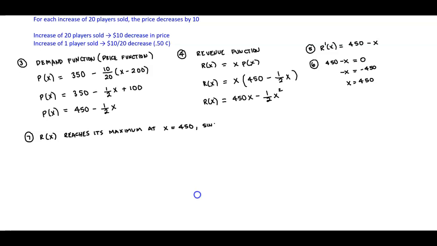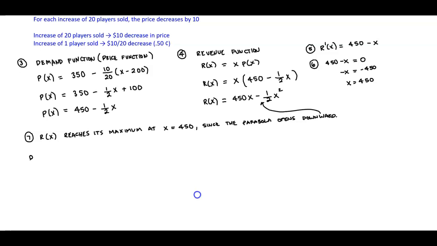And that's because the parabola opens downward. And why is that? Because we have a negative in front of that negative 1/2 x squared. So the parabola there is going to be opening downward.